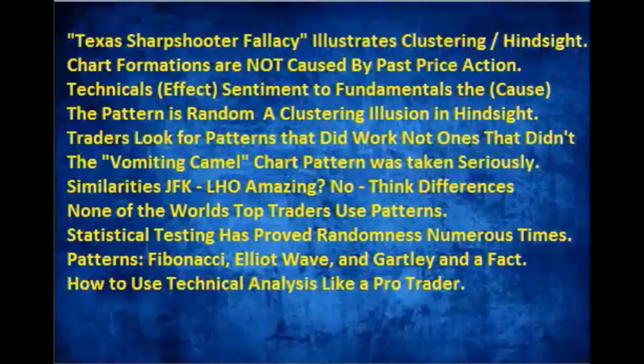Now, a fact about all three creators. Fibonacci was the creator of an equation for exponential growth. He didn't trade the markets at all. He was in 16th century Italy. He was a brilliant mathematician. In terms of his number sequence, people long after the event, or when he devised his number sequence, suddenly looked at it, saw different ratios between numbers in the sequence, and then made them relevant in trading.